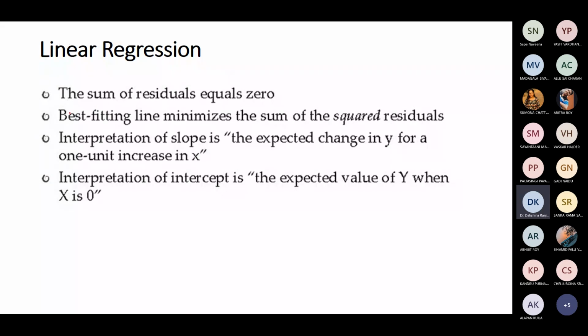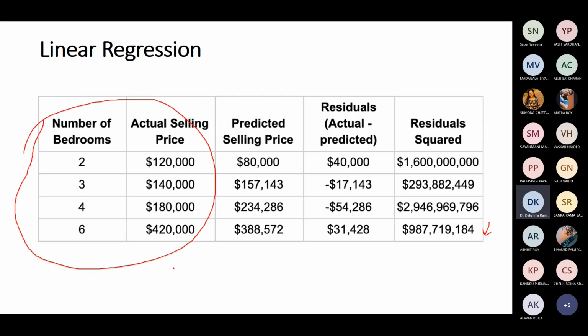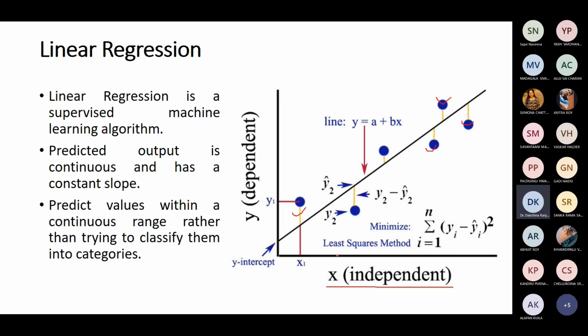The sum of residuals, as I said, equals 0. Why will the sum of residuals be equal to 0? Let's say there is no leftover.